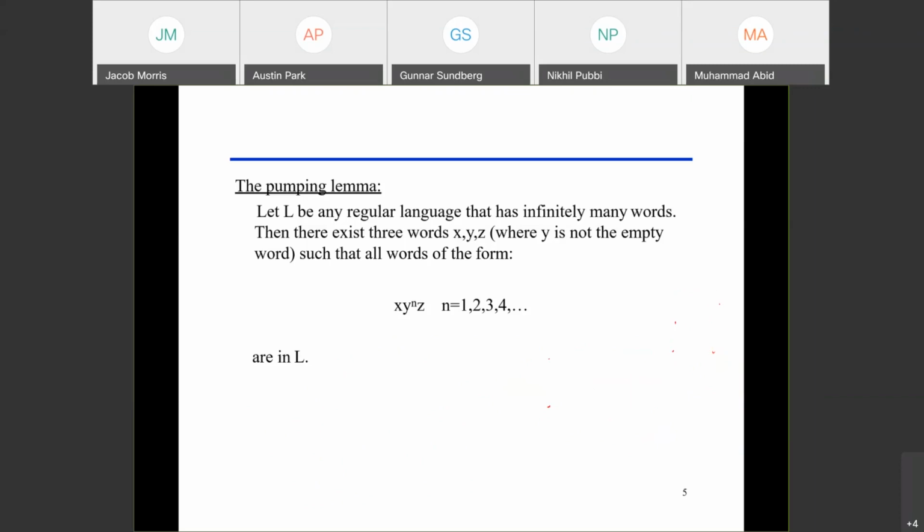Then there exists a word of our language. Let's say, like in this previous example, you have one word BAB, and you are saying I want to divide this word into three parts. One is X, one is Y, one is Z.